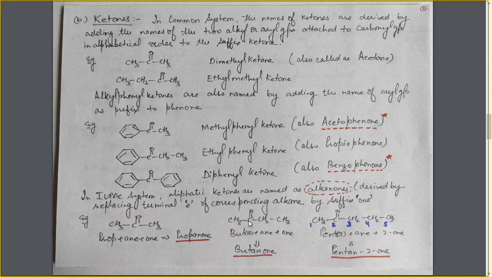In this case, if we place the ketonic group at this position, it is again the 2 position from this side, and in this case no other position is possible for the ketonic group. So in both cases we have not shown the position of the ketonic group, whereas in this case if we place C double bond O at this position, one more structure is possible. So to show the position of the ketonic group, we have numbered this carbon chain and the name becomes pentan-2-one.